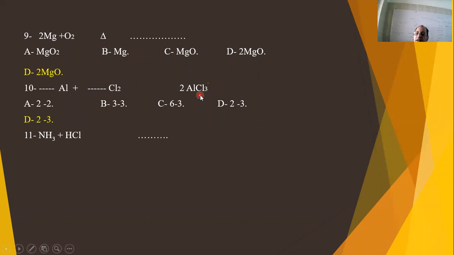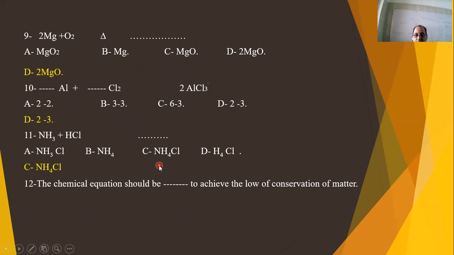Two, three. NH3 HCl, we were just talking about the same reaction. Here N and H4Cl, and here H4Cl is the result. The chemical equation should be what to achieve the law of conservation of matter or law of conservation of mass. Of course it has to be balanced.